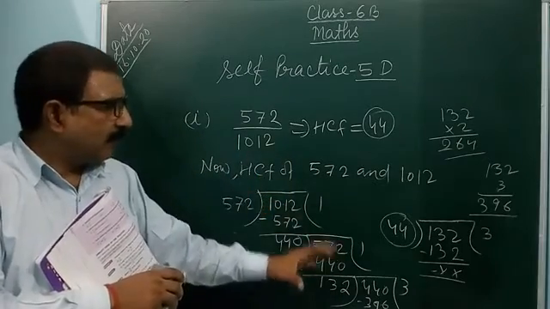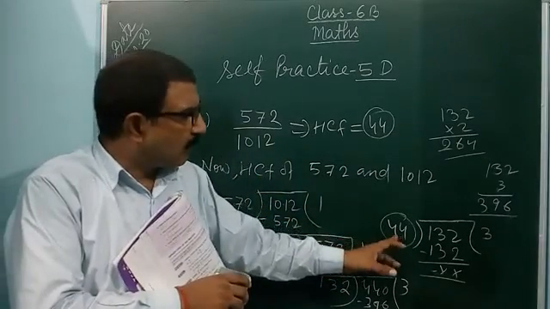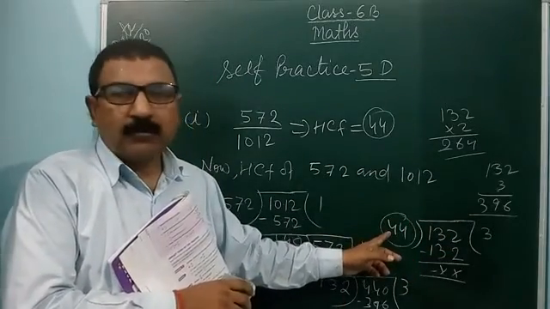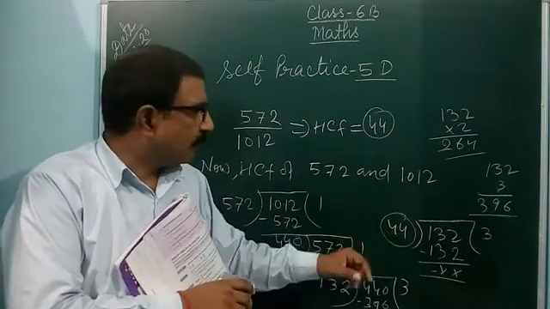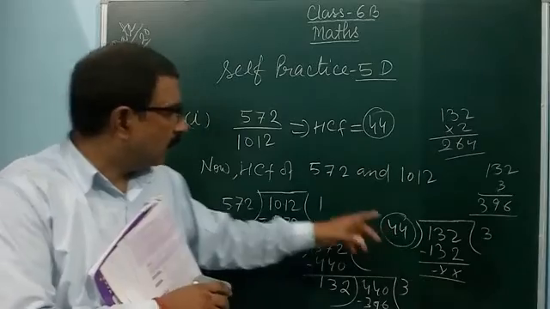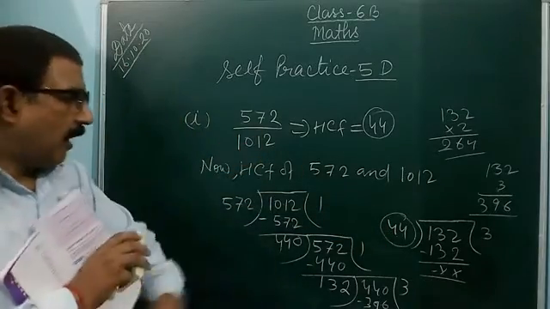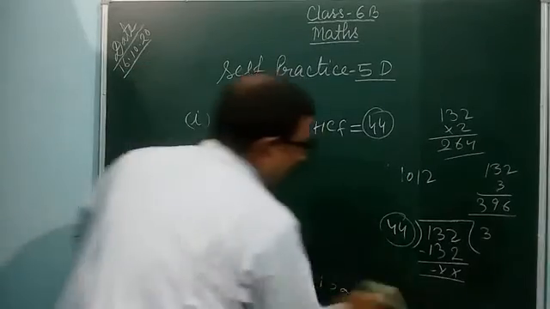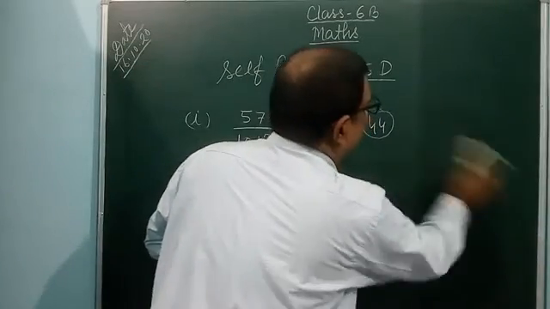After finding HCF as 44, at last, it is divisible. So 44, the last number which is divisible, will be HCF. It means by 44, both are divisible commonly. After getting HCF, you can do like that.